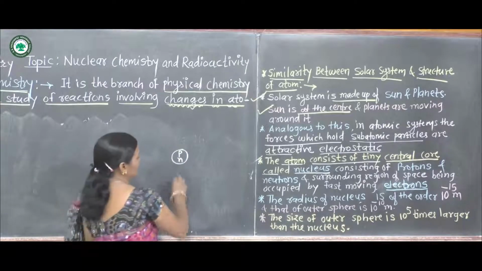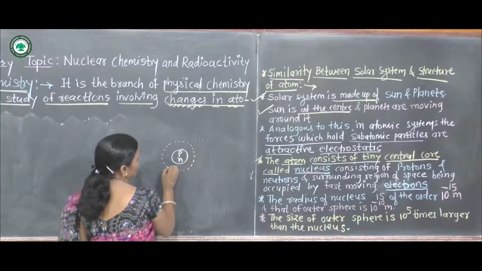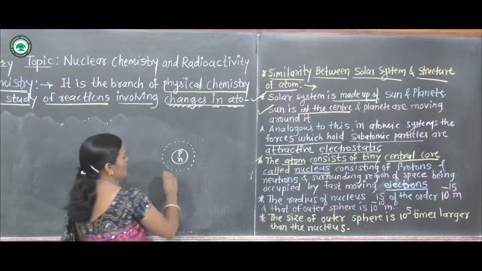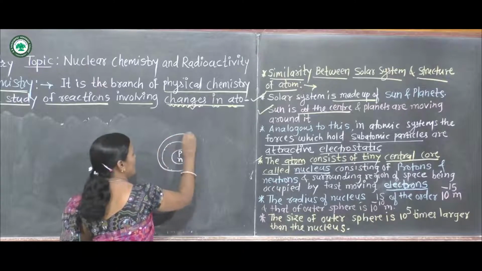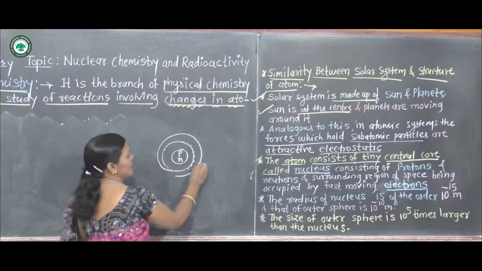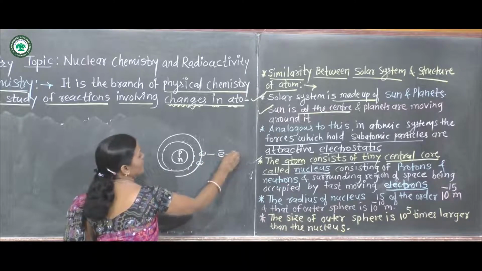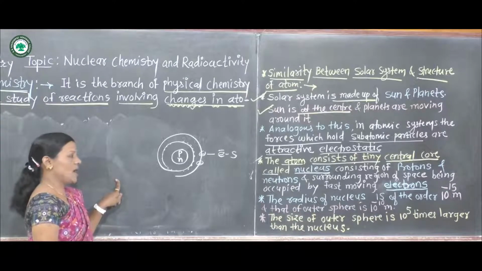This center of the atomic nucleus is surrounded by fast moving particles, and these particles are called electrons.